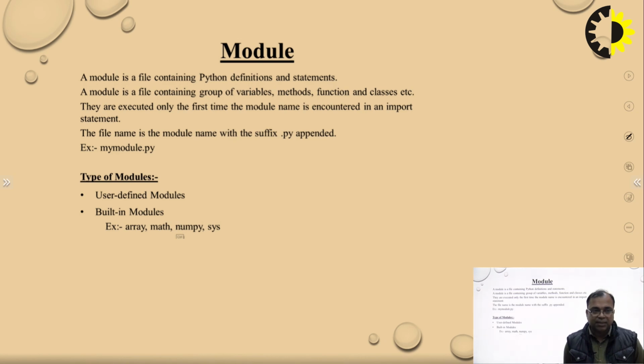In the Python library, we can find different types of built-in modules such as array, math, numpy, sys, and many more. These are some examples of built-in modules. And user defined modules can be created by the user itself when they want to create any module in Python.